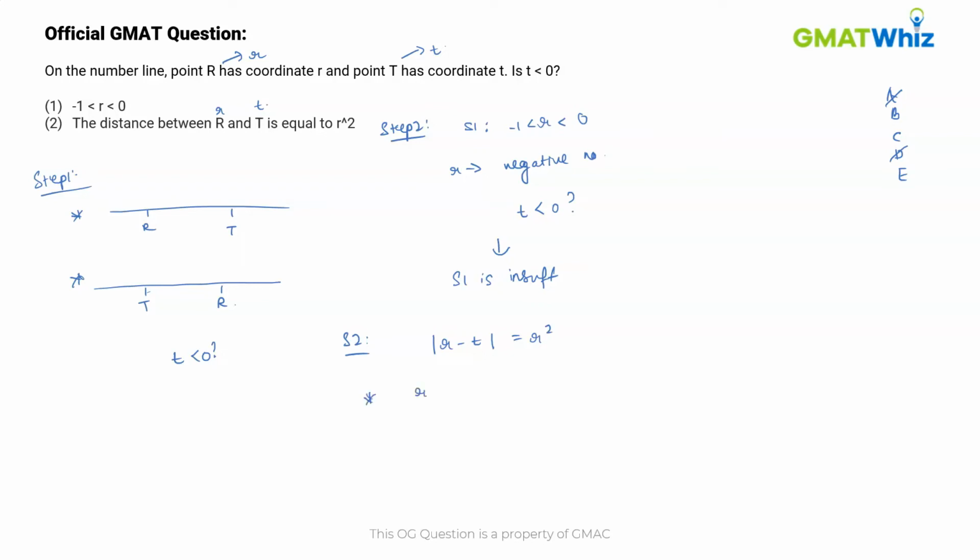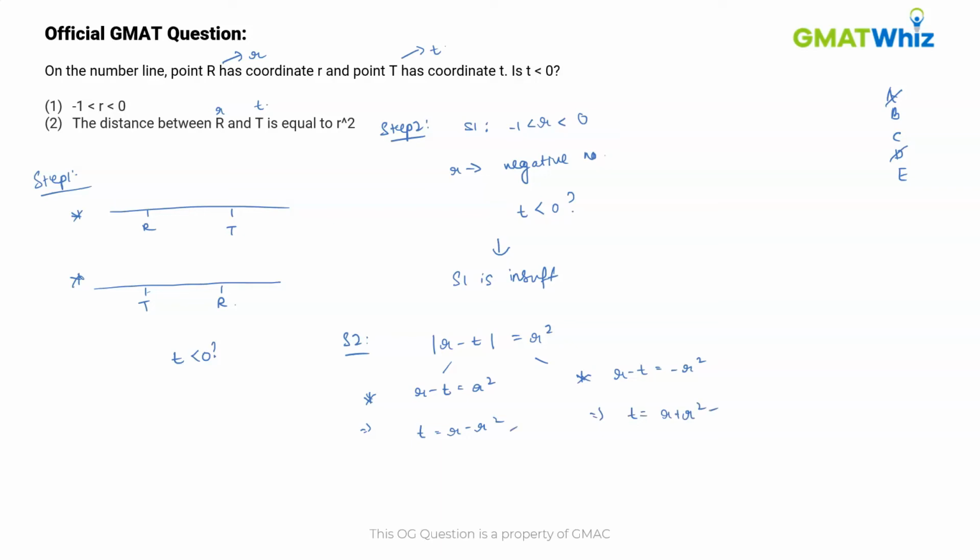The first is when r minus t is equal to r squared, and the second is when r minus t is equal to the negative of r squared. Now using the first equation we get the value of t to be equal to r minus r squared, and the second equation gives us the value of t as r plus r squared.